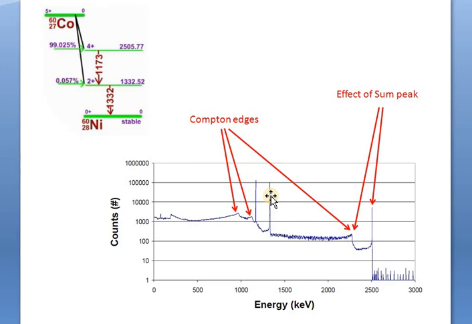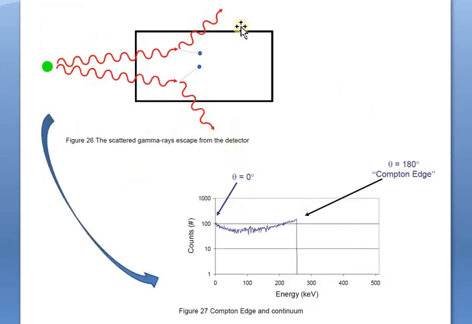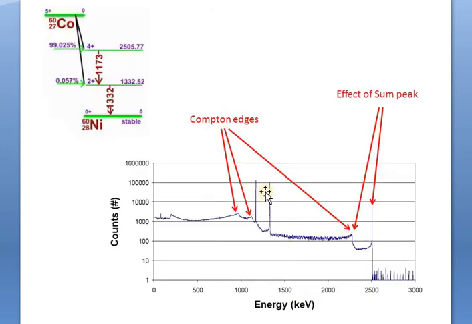Now, what about the Compton processes? They will be there, and they have two signatures. Number one, the distribution will be there, and number two, this sort of edge will be there. You see this falling-off, cliff-like structure known as the Compton edge. We have two gamma energies, right?